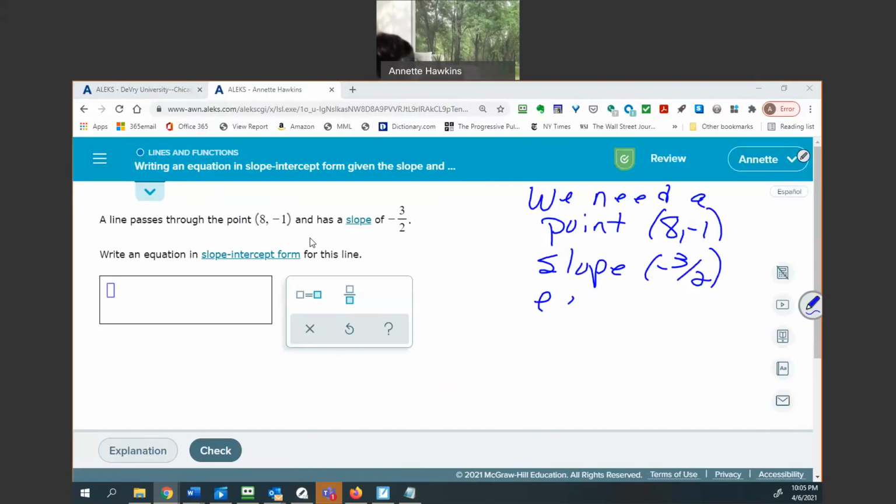And we need to use an equation generator. Now, you can use the slope-intercept generator, or you can use the point slope. I will do both so that you can see how it works.